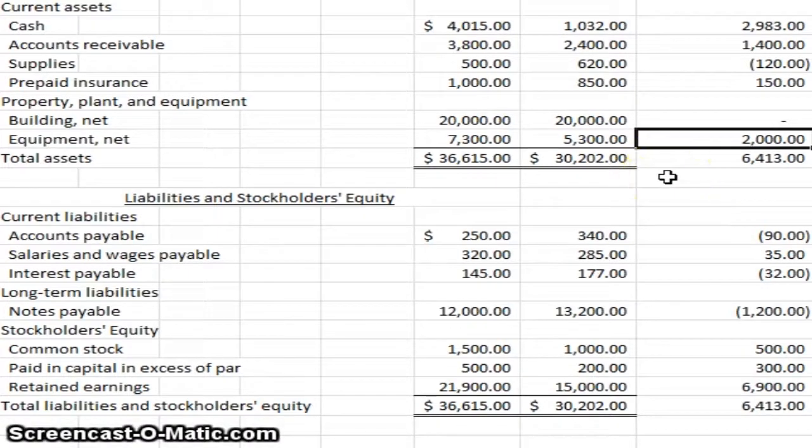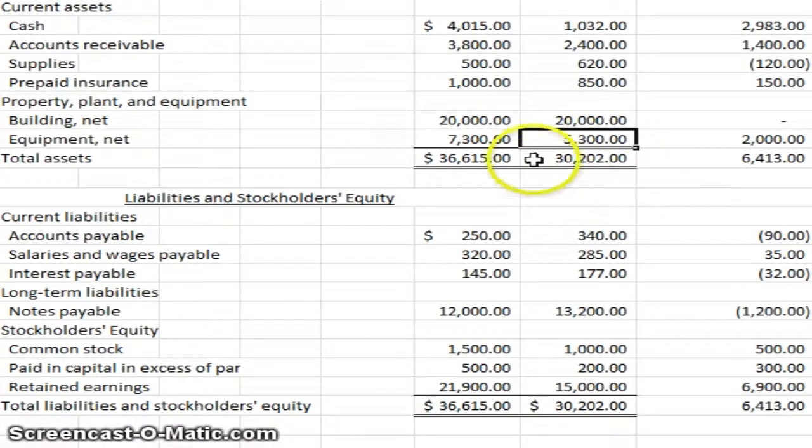So it must mean that that equipment account also had accumulated depreciation expense taken out of it. So if we started with 5,300 and we subtracted 8,000, we wouldn't be at 7,300. And also that wouldn't mean that we just bought $2,000 worth of equipment. To get to the 7,300, it means we must have bought $10,000 worth.